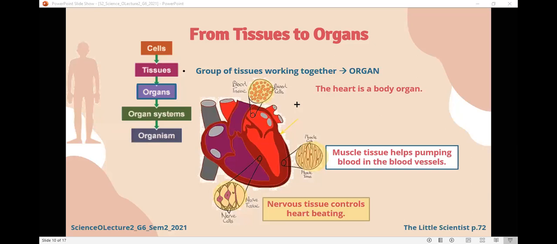To move and to pump blood, it needs muscles, so the muscular tissue. It needs to receive messages from the brain, so the nervous tissue. It moves the blood, so it has the blood tissue inside, and it has a form, so from the outside, it has an epithelial tissue.